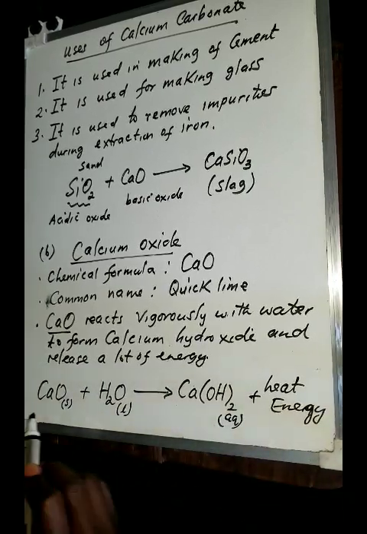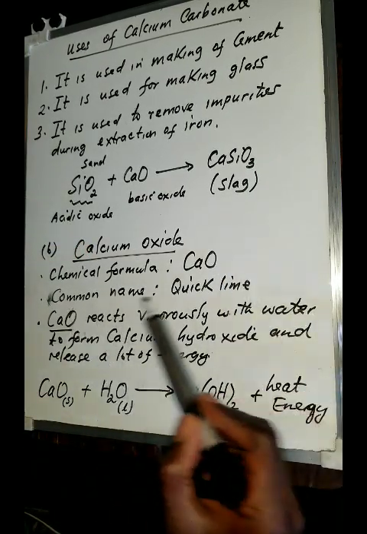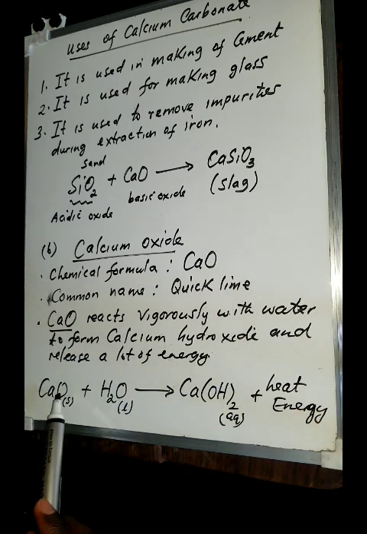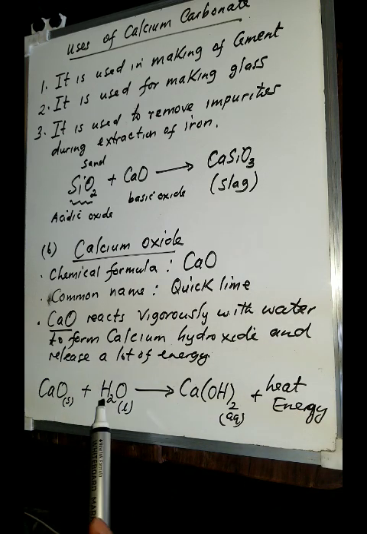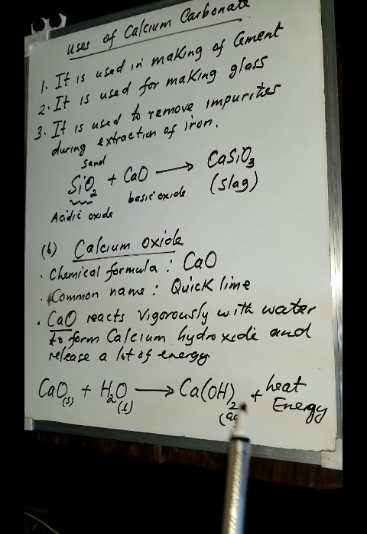So that is the overall reaction that will take place. So remember the chemical formula, remember the common name for calcium oxide, quicklime. And when calcium oxide reacts with water, the reaction is so vigorous that it produces calcium hydroxide. At the same time, heat energy is liberated.